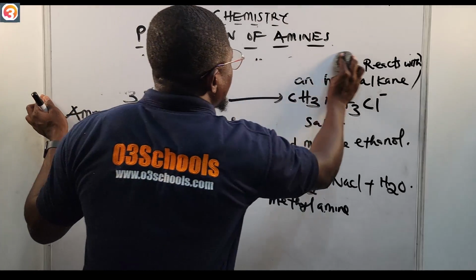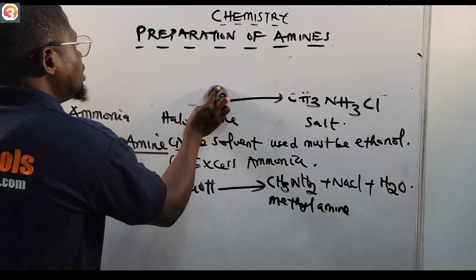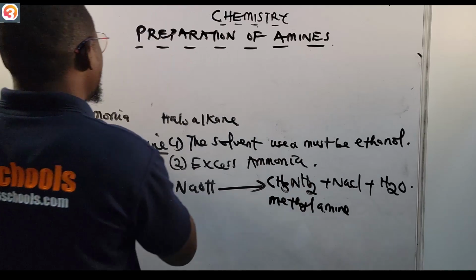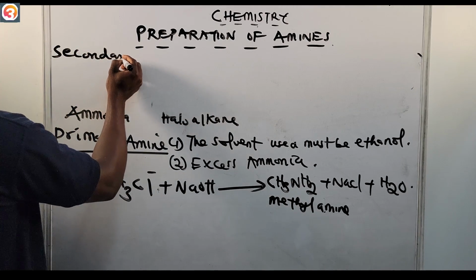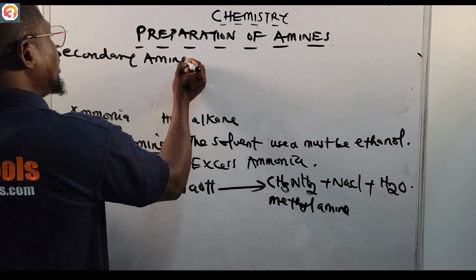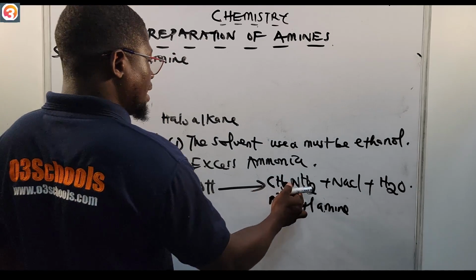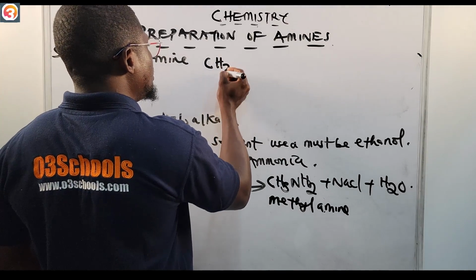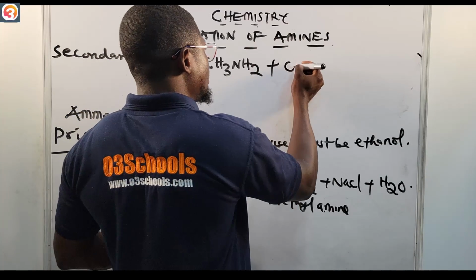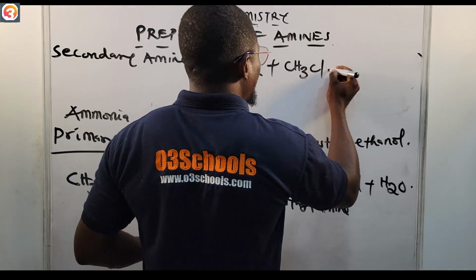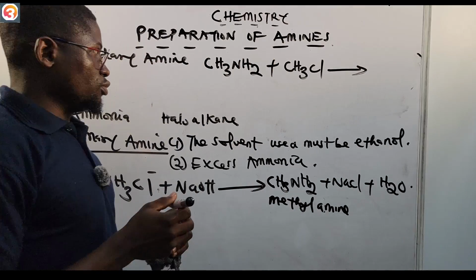So for secondary amine, number 2, what will happen is that this primary amine, CH3NH2, will react with the haloalkane CH3Cl, and nucleophilic substitution will occur again.